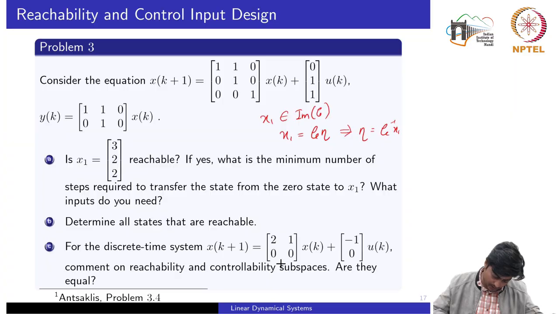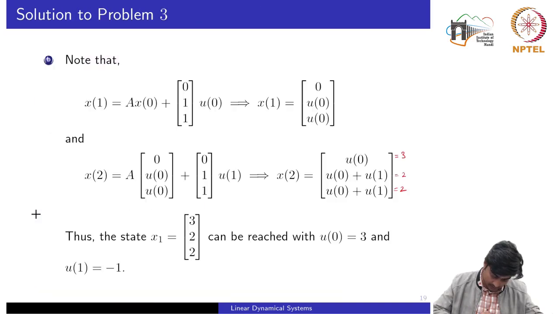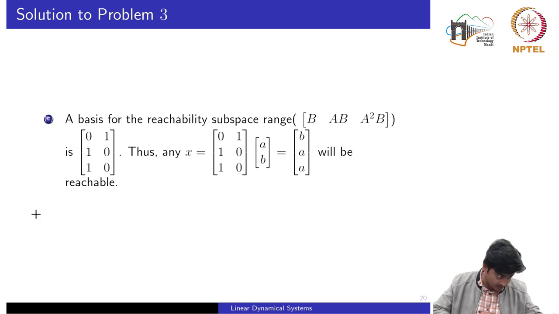Okay, so before that I think we have skipped this part, which is to determine all states that are reachable. Here it is written B, and so it should be B. You can compute the basis for the reachability subspace, which is given by the range space of this controllability matrix.